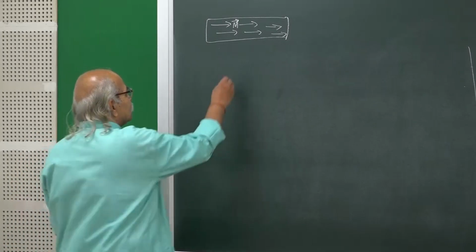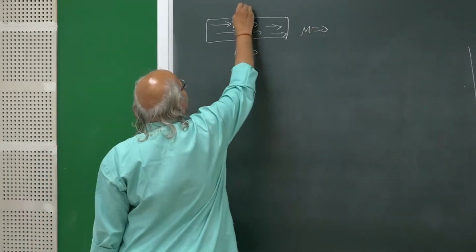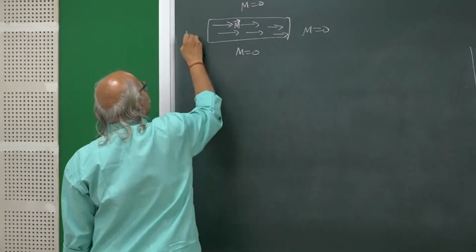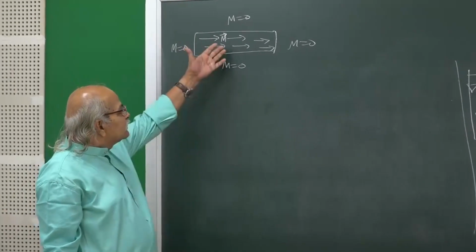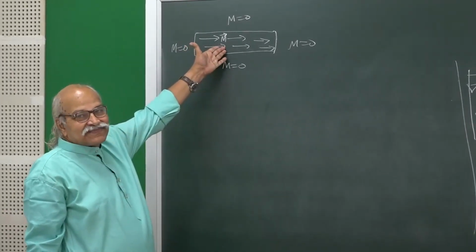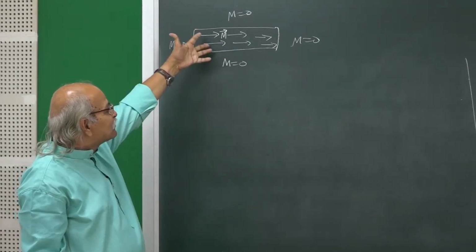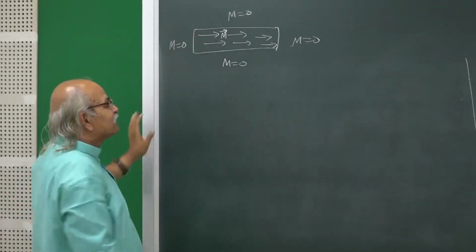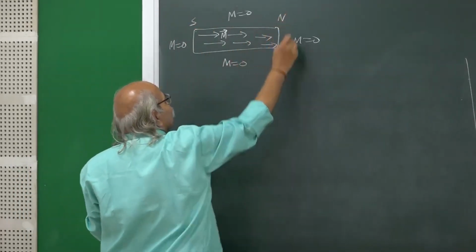So, outside M is 0. Outside there is no magnetization obviously, and this is the bar magnet, right. And then we want to know the magnetic field because of this bar magnet. This is your so-called south pole and this is that so-called north pole.